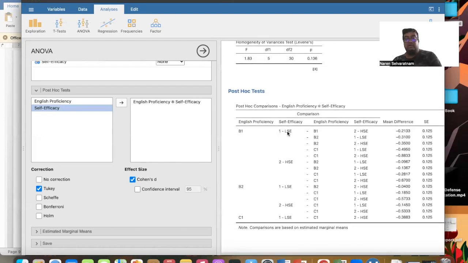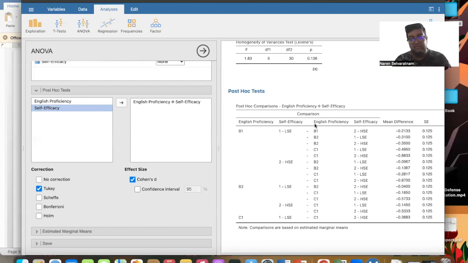Those who have B1 low self-efficacy compared with C1 higher self-efficacy, and this is just to see which groups are statistically different. So you might have to analyze this very slowly to understand which groups are different from one another, because we don't have an interaction effect here, but still there are groups that are different from one another, different pairwise comparisons.